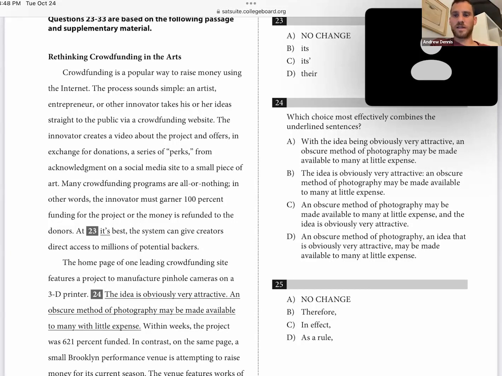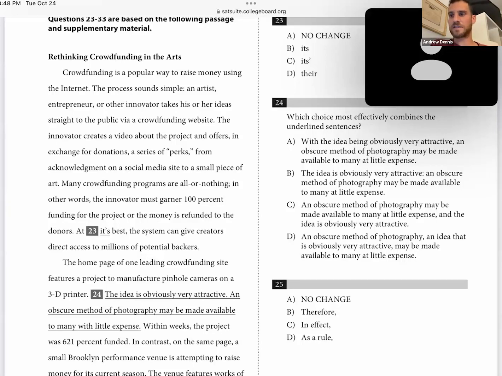The homepage of one leading crowdfunding site features a project to manufacture pinhole cameras on a 3D printer. The idea is obviously very attractive. An obscure method of photography may be made available to many with little expense. So how can we combine them? With the idea being obviously very attractive, we already hate this. An obscure method of photography may be made available to many at little expense.